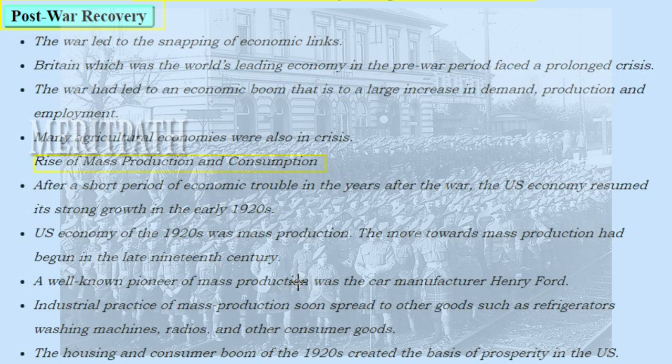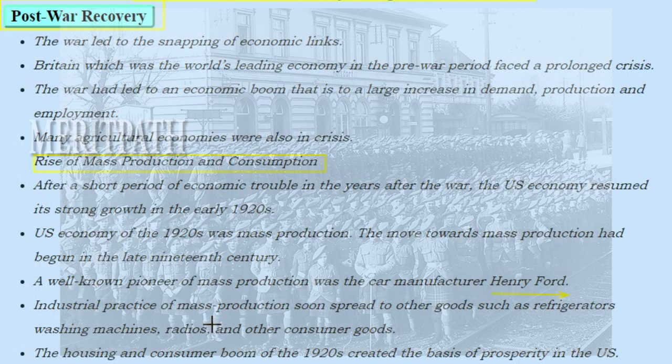The move towards mass production had begun in the late 19th century. A well-known pioneer of mass production was the car manufacturer Henry Ford. The industrial practice of mass production soon spread to other goods such as refrigerators, washing machines, radios, and other consumer goods.